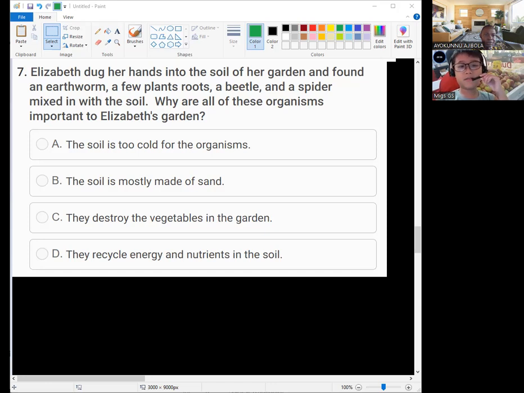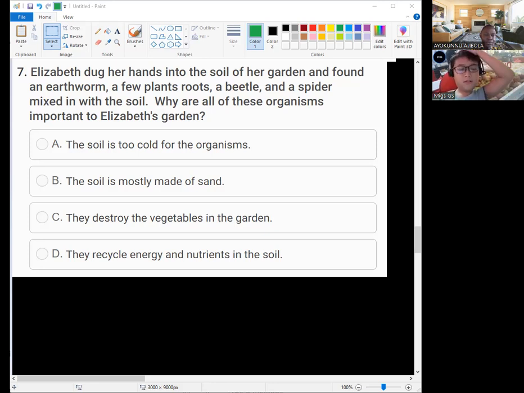So, A. The soil is too cold for the organisms. Is that why those organisms are important for Elizabeth's garden? No. So you have to look at the remaining three options.